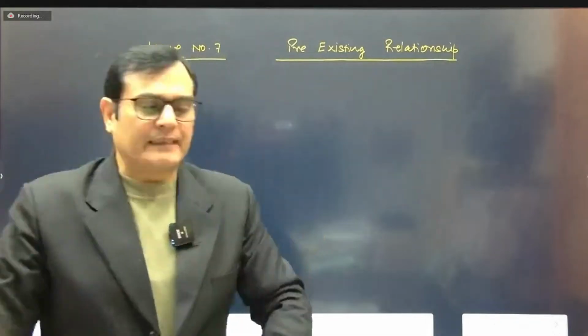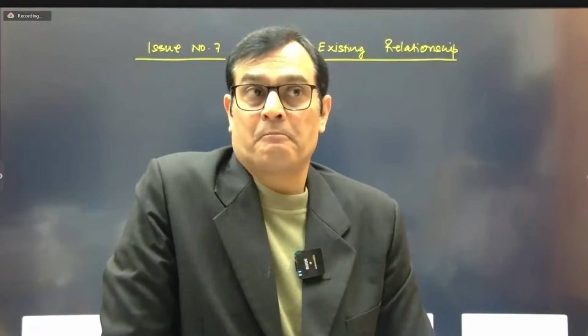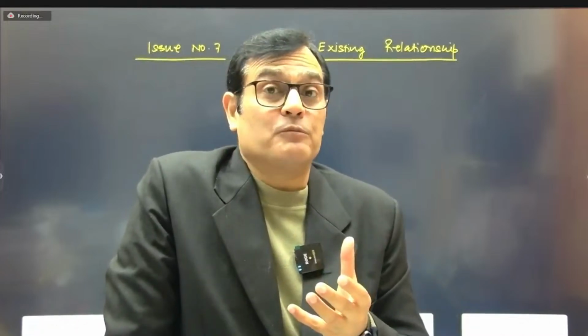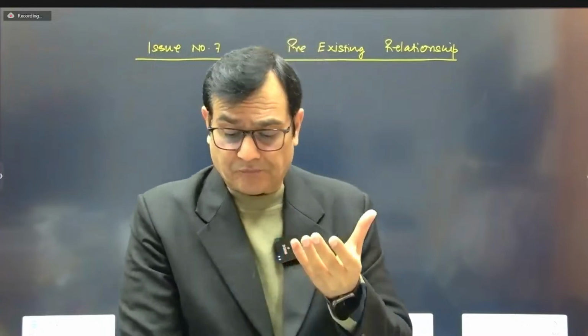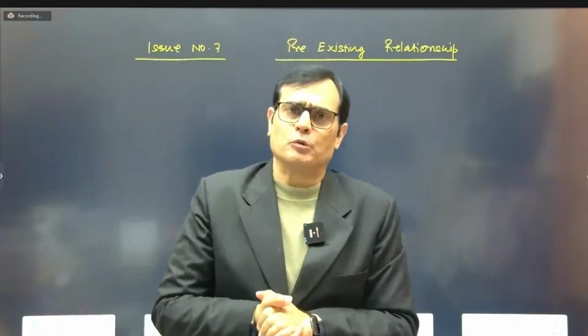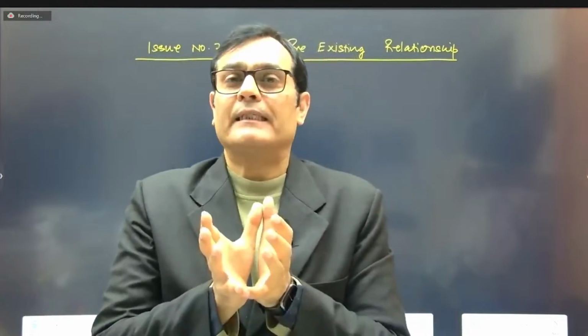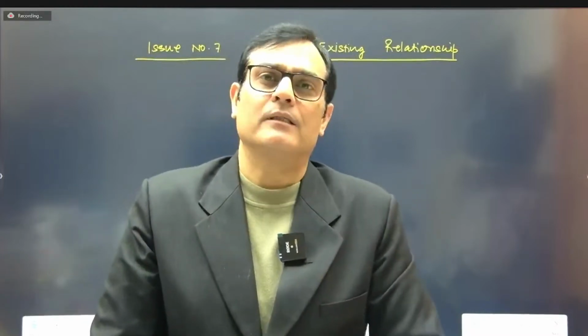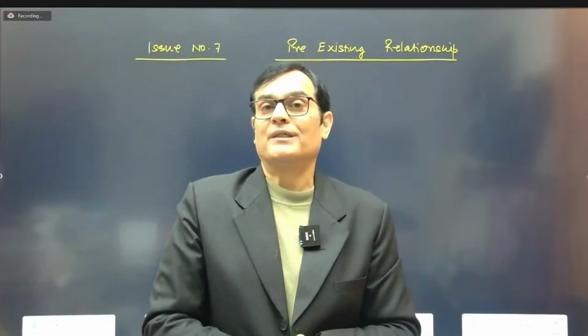Now, this is going to be slightly technical, and don't worry, we'll take questions also to understand this as well. The very first question that comes to mind is, what is a pre-existing relationship? Well, there can be many situations. For example, before the acquisition date, there was a sale made to each other. Acquirer made a sale to the acquiree or vice versa.